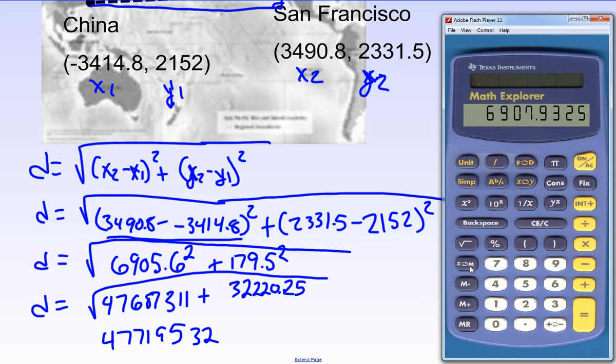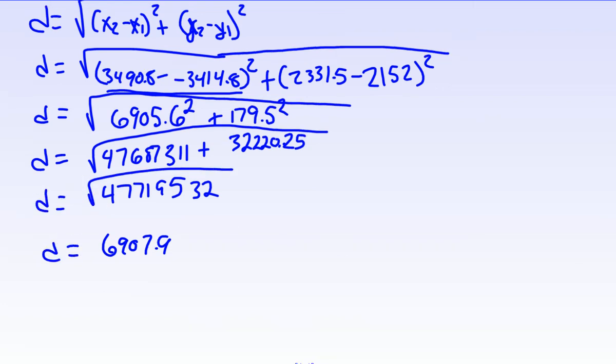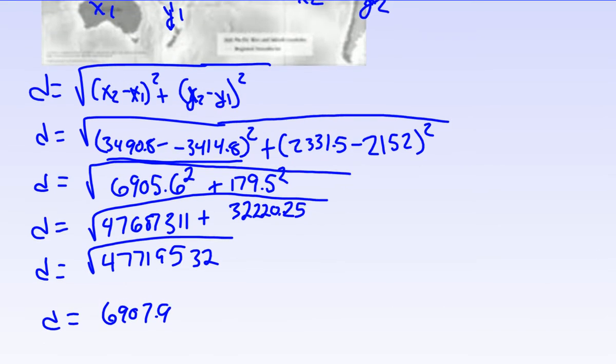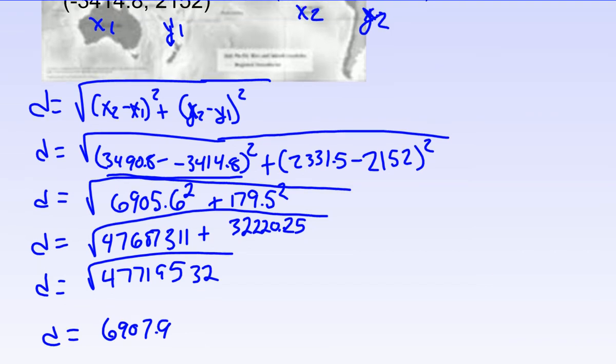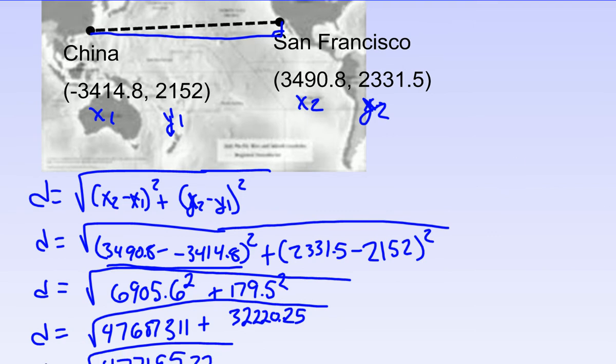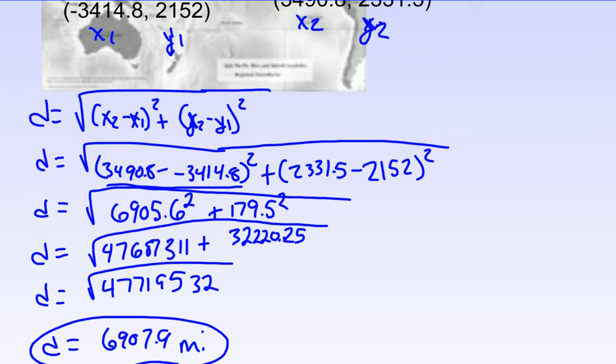And square root, 6907.9. The square root of that, so the distance is 6,907.9 units. And those units in this case will be miles. So the distance between this city in China and San Francisco is 6,907.9 miles. So we've found a distance between those 2 points.